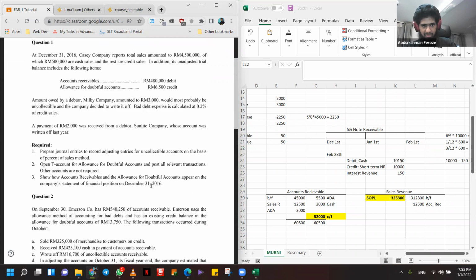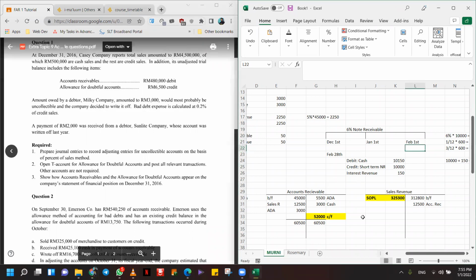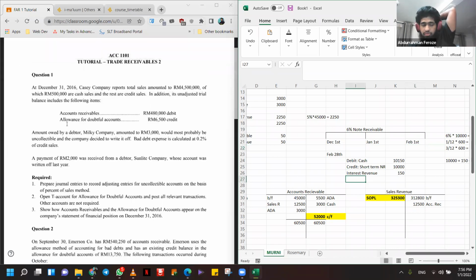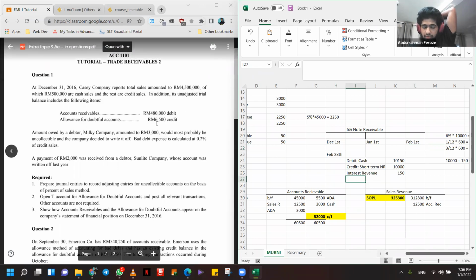All right. Let me try to find one, inshallah. So next class, inshallah, we'll do tutorial questions on bad debts again on the accounts receivable chapter. Hopefully, inshallah, it'll be clearer to you guys.